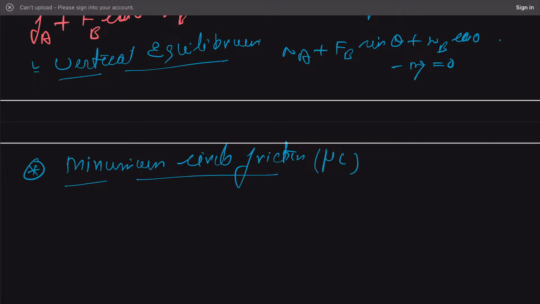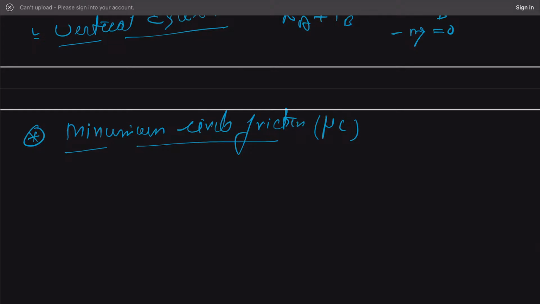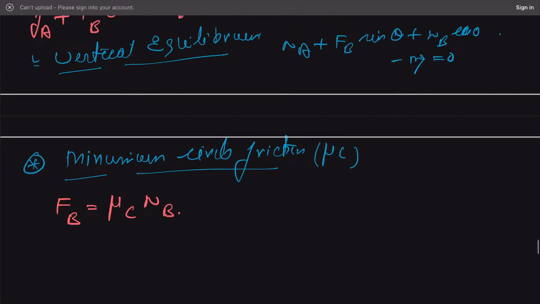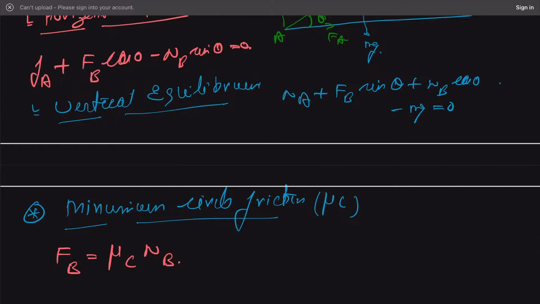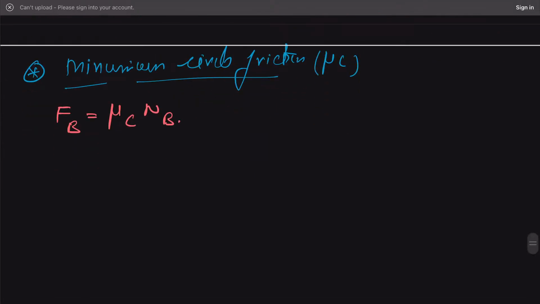And this is because it is in static equilibrium, and therefore we can simply first of all write the equation for friction at B will be equal to the circle friction times normal of B. Okay. And we can put this value of friction in both the equations, that is equation number 1 as well as equation number 2, and solve them. The only part left is the solution. More or less everything is done.